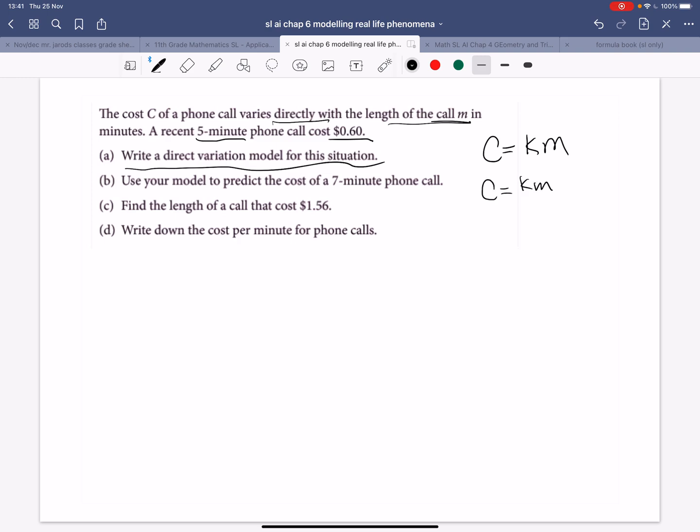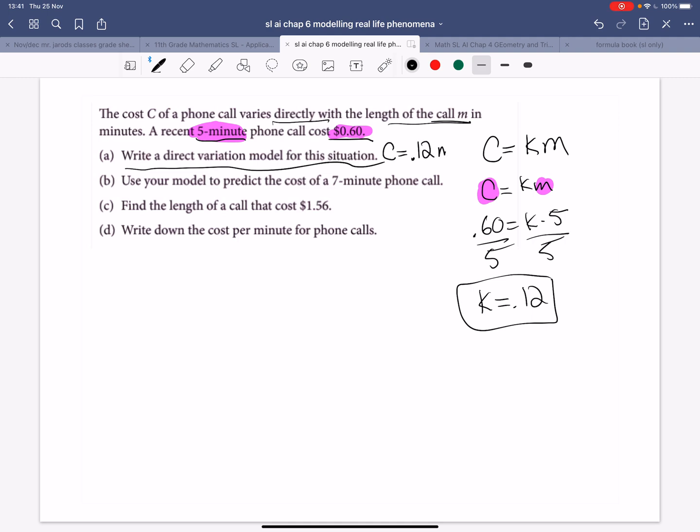We're going to plug in our c and our m, 5 minutes, 60 cents. 0.60 equals k times 5. We divide by 5, divide by 5. This gives us k equals 12 cents. So varies directly tells us this costs 12 cents a minute. So our cost is 12 cents times every minute.